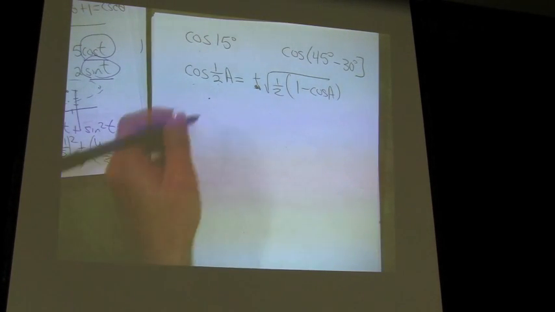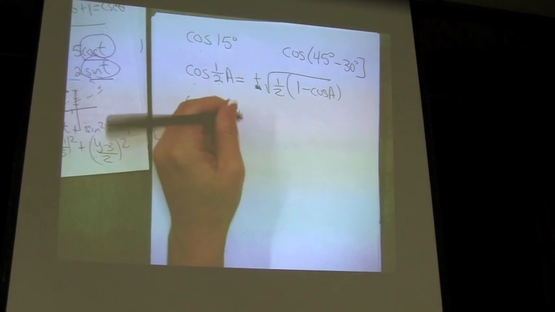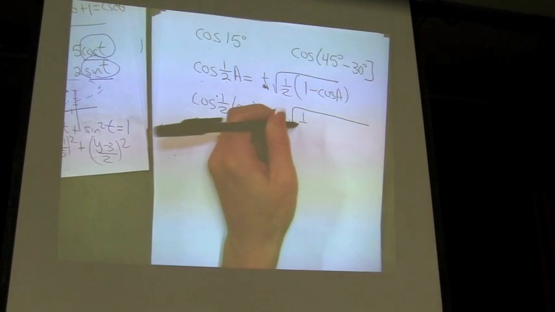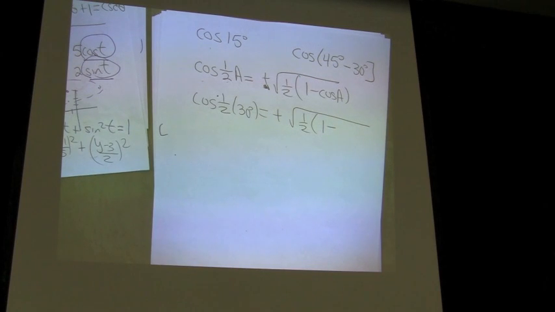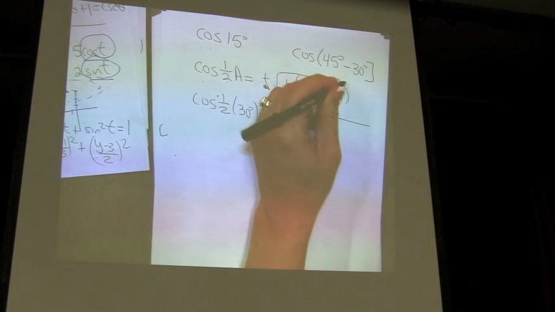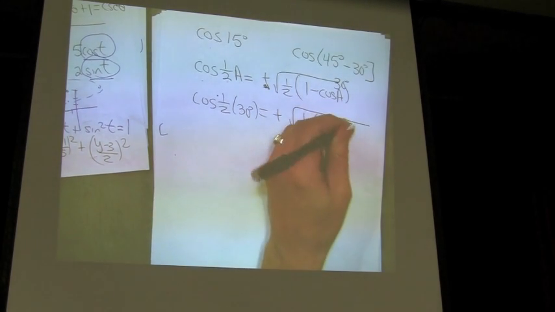Okay? So, cosine of 1/2 of 30 degrees would be the square root of 1/2 times 1 minus cosine of 30 degrees. What's cosine of 30? Root 3 over 2.